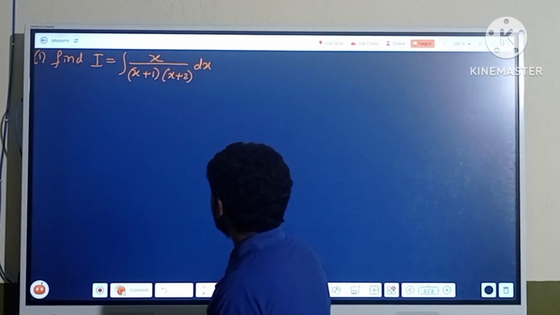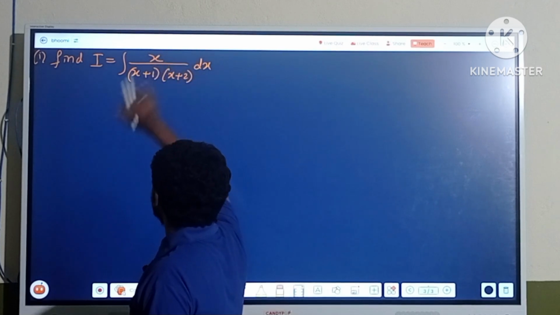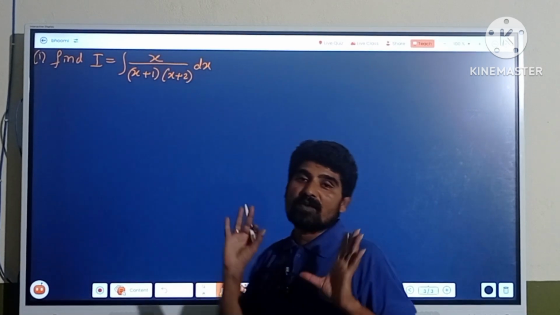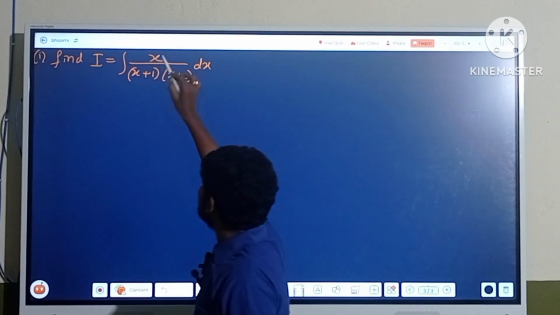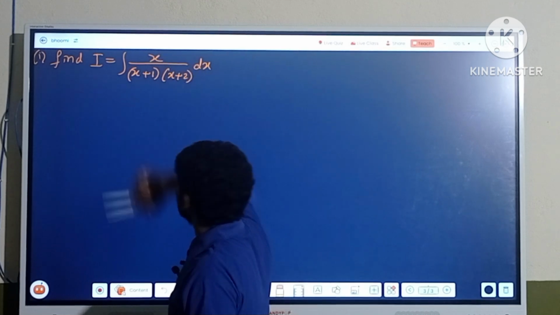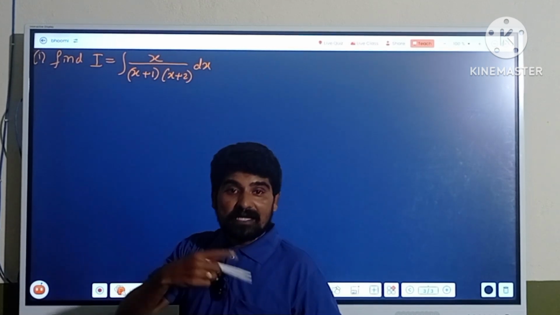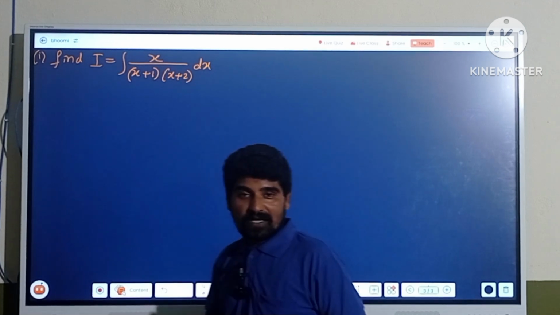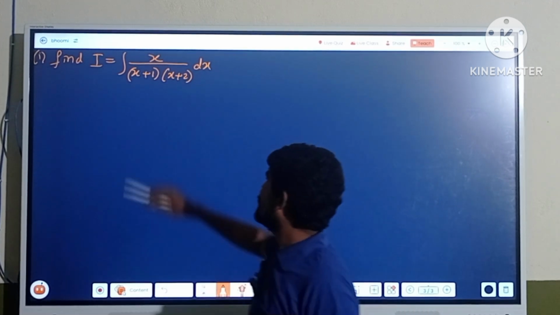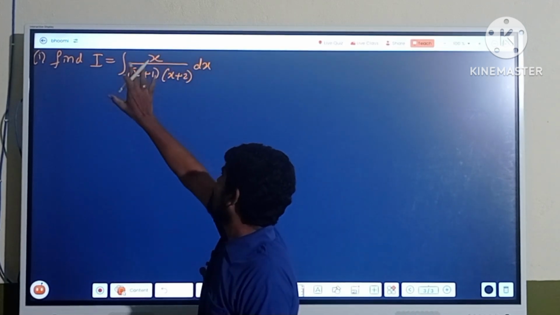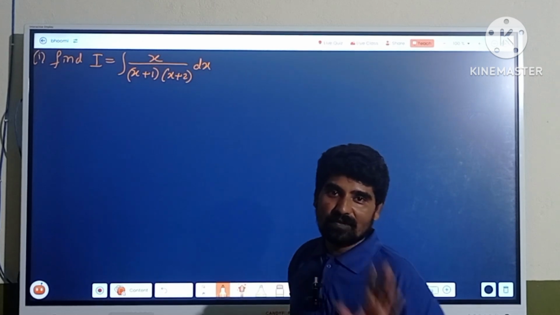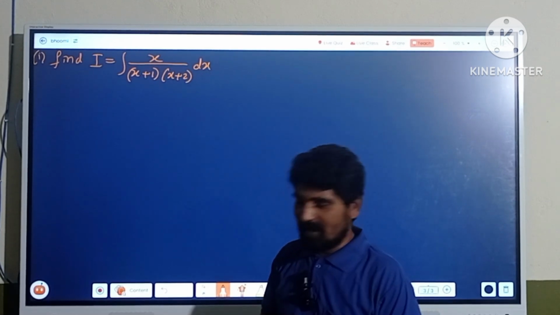So first thing you need to observe, the given rational function is proper or improper. Obviously see here, the degree of the polynomial in the numerator is 1 and in the denominator x into x is x square, so the degree is 2, therefore the degree of px is 1, the degree of qx is 2, hence it is one of the proper rational functions.